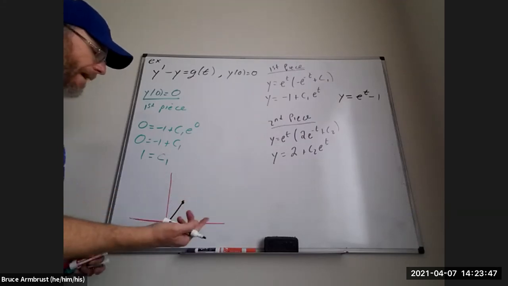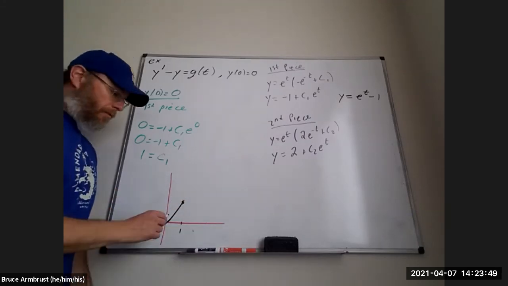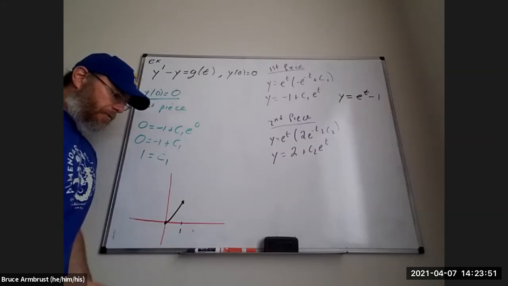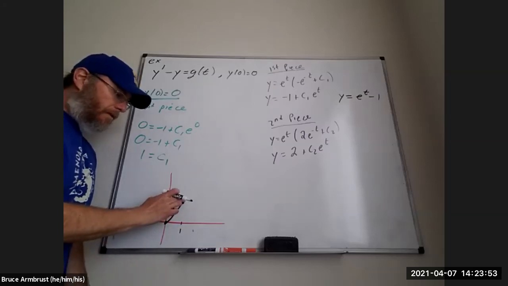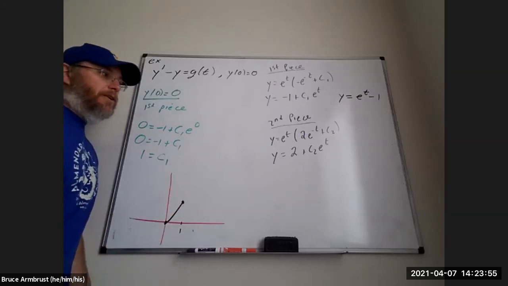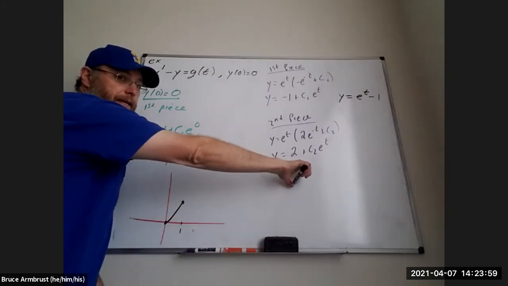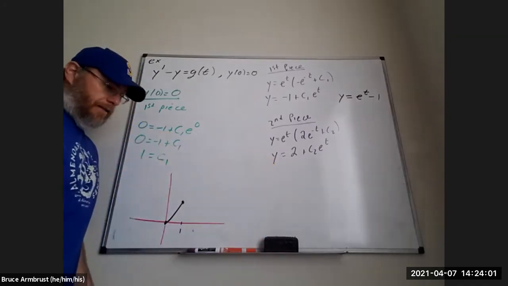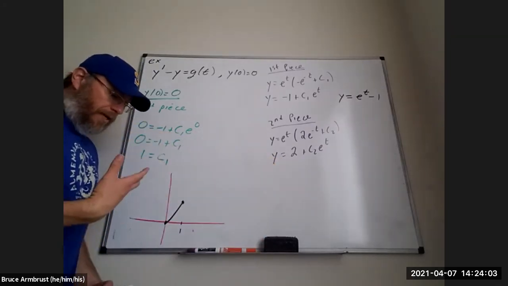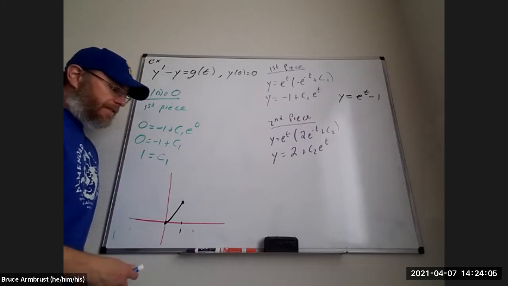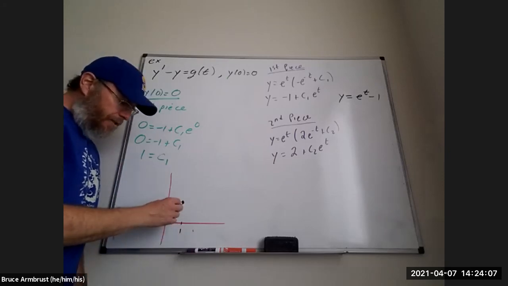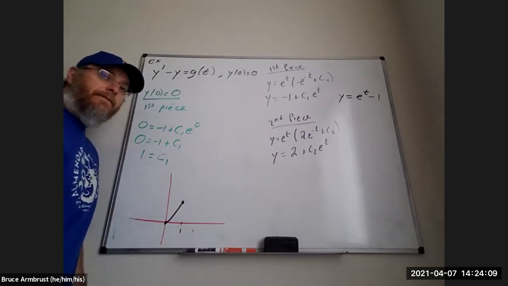The rest of it doesn't matter. We're only getting the e to the t between those 2 points. Because at 1, we turn on a new function. We turn on this guy. And what we need is for that second one to pick up where the first one left off.